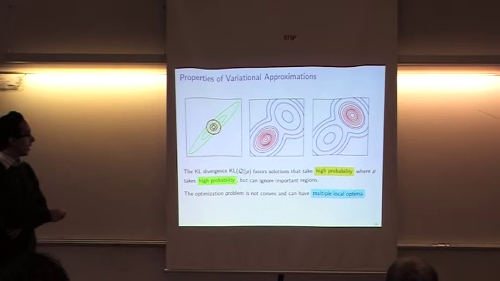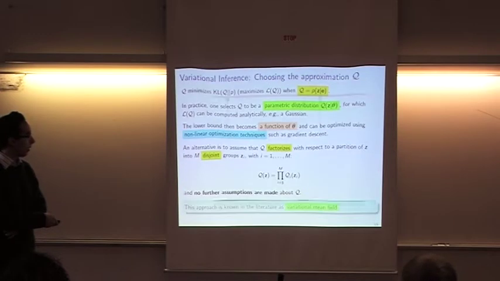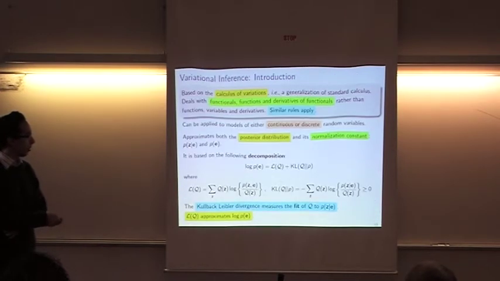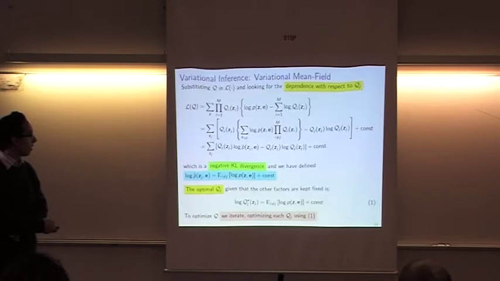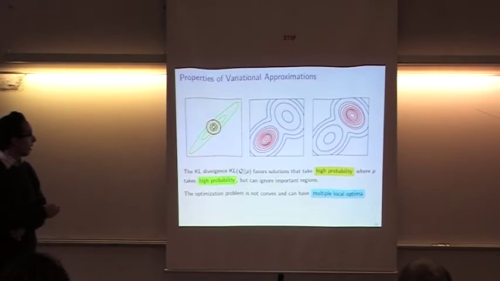The solution given by variational inference is more compact because we are weighting the error with respect to our approximation. Our approximation takes low values, so we don't care about the error, and we can afford to have large errors where our approximation is very low. The same here: the approximation is very low in this region, and I don't care about the error in that region.